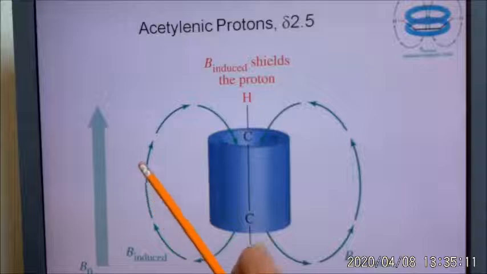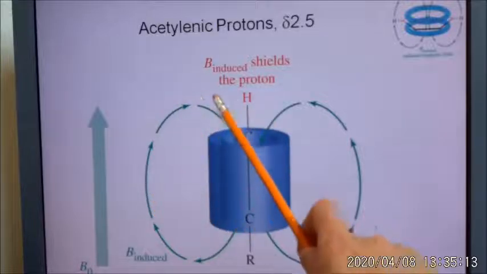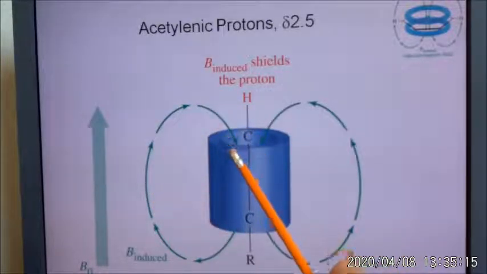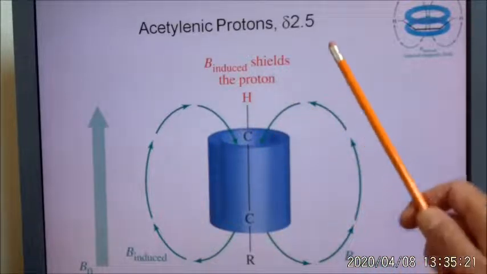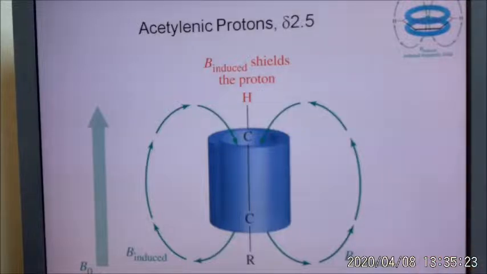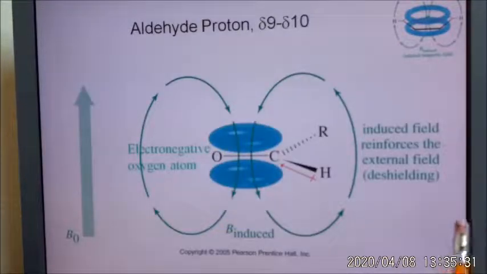This is in the same direction, but see where my proton is? That's when it's going countercurrent, right there. It's going countercurrent where my proton is, so it's being shielded, and that's why my chemical shift moves towards the shielded upfield, towards 2.5 parts per million. Okay?